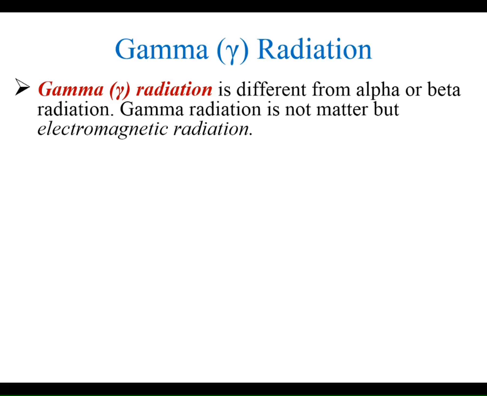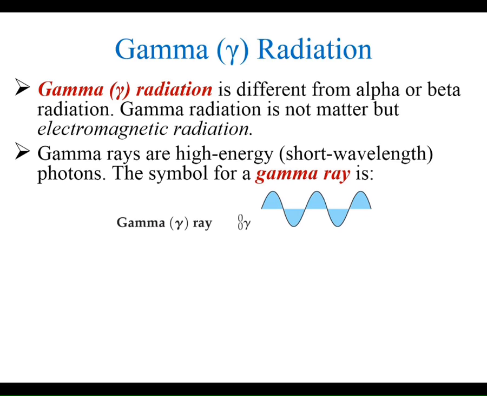And then gamma, I said, is not really a particle at all, right? Gamma is just pure photon of light or of energy, in a sense. Again, it has no mass, no protons, no neutrons. So its symbol is often written as a gamma with 0, 0, because it has no protons or neutrons.